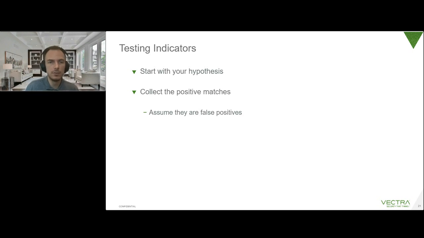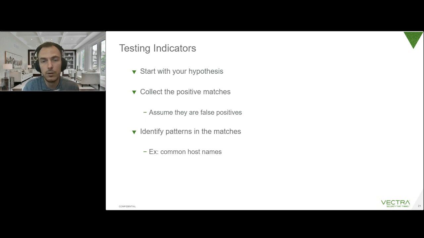From those matches, we're going to try to identify patterns. And this may be things like host names, IP ranges, port and protocol. Depending on the behaviors that we're looking at, all those become potentially meaningful. And we'll show that a little bit in the following use cases. Then, once we have that information, we basically will reassess the indicator until acceptable.